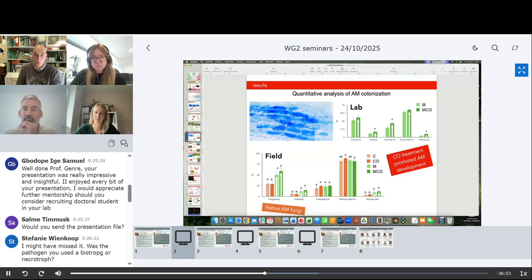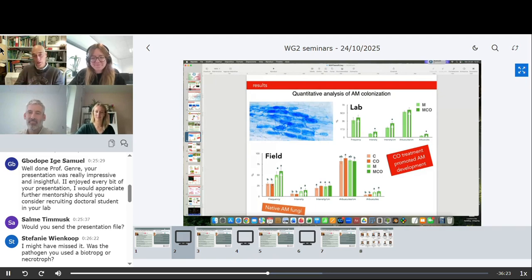Again, this was a bit surprising, but we did not see that in the grass field, where the native population was more active and was already giving a better colonization with the CO treatment alone. Nevertheless, I would expect this to be caused by the weakening of this mycoflora by the fungicide treatment. That is my interpretation.